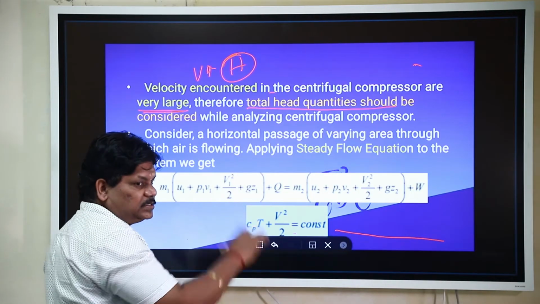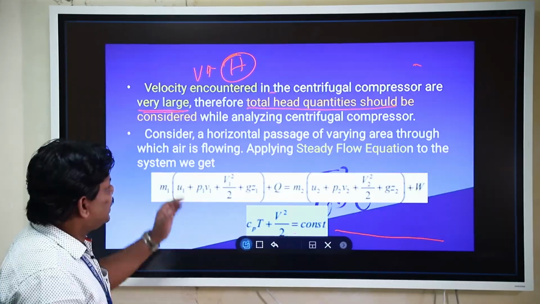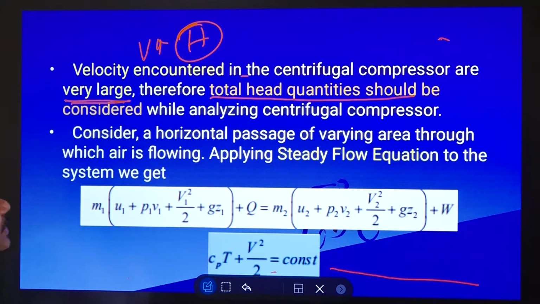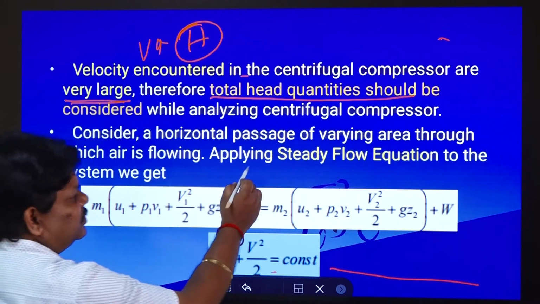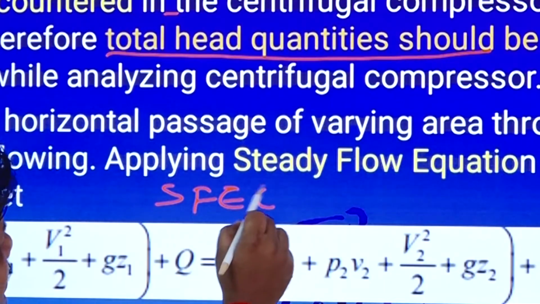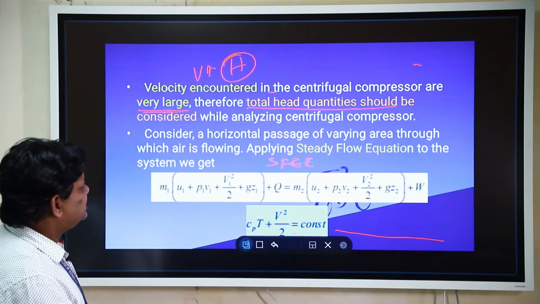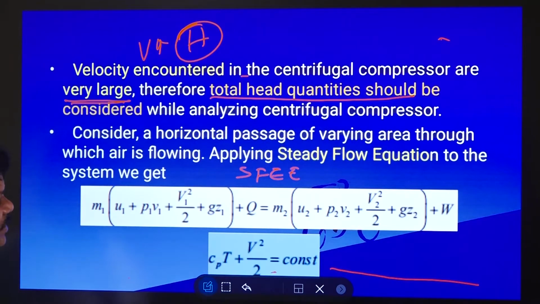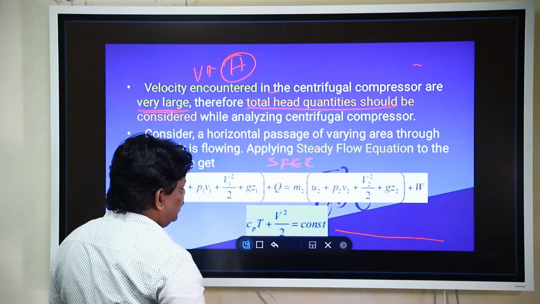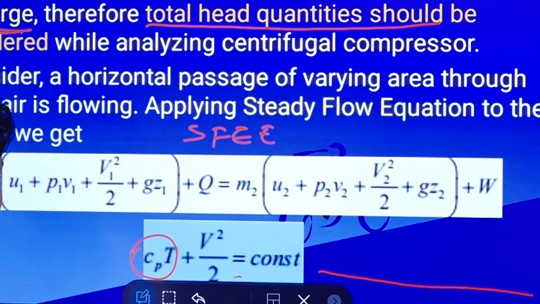While analyzing centrifugal compressors, consider a horizontal passage of varying area through which air is flowing. You use the steady flow energy equation for this. All the other terms become 0, and you get the remaining terms as Cp T plus kinetic energy.